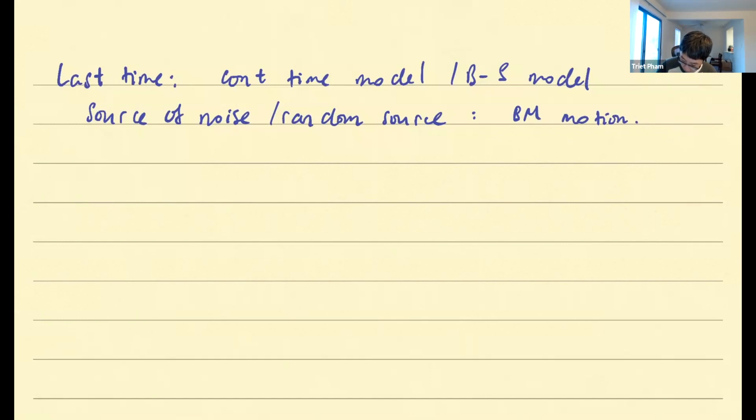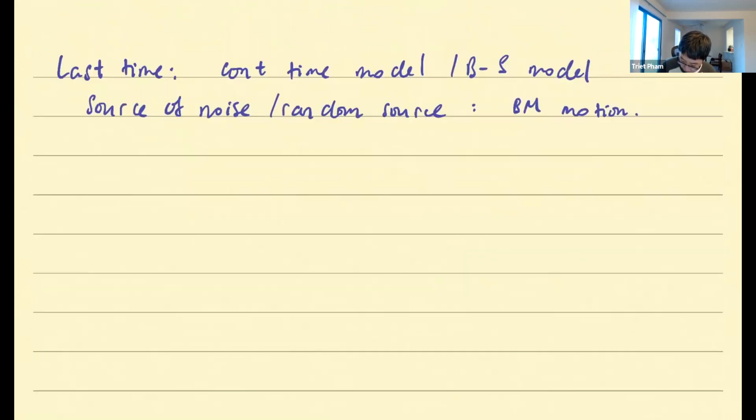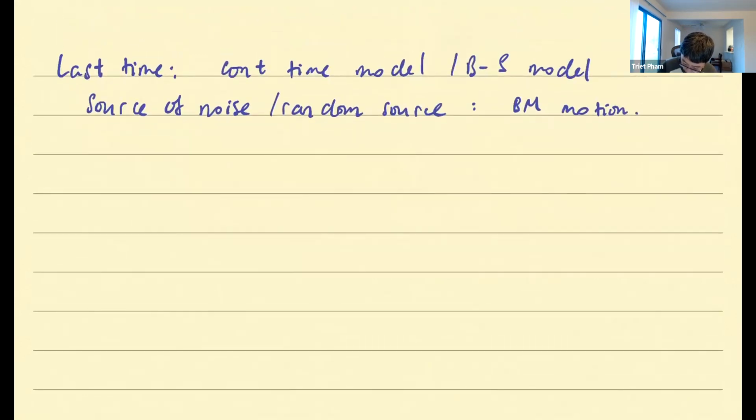So to recall, W_t is a Brownian motion if it starts at 0, and it has independent increments.